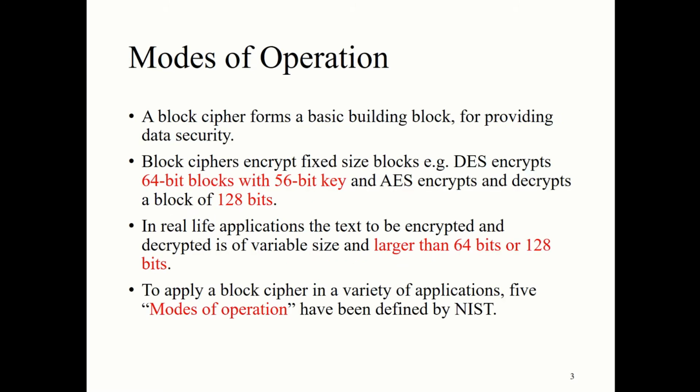Now, modes of operation. Of course, you may never have heard about them, but in general, when we talk about block ciphers, we're talking about a basic building block in order to protect the data and make the data secure. We have a block size, and this block size is already fixed. For example, in DES, we have a block size of 64 bits, and the key size is 56 bits.